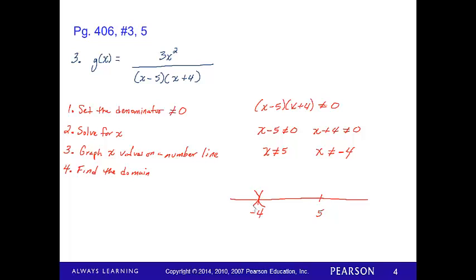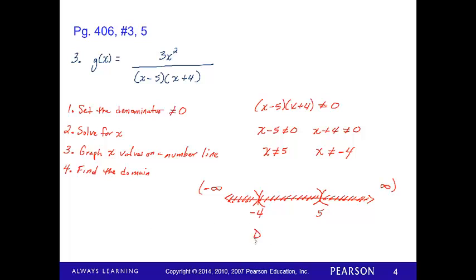And since you're not including the negative 4, you need to include all of this over here and all of this over there. And the same with the 5. Put a parenthesis facing to the left and facing to the right. And then you will shade all of this in between, and you have your arrows coming out. And then remember over here off to the left is negative infinity, and all the way to the right is positive infinity.